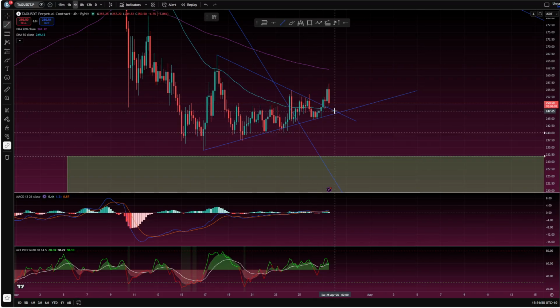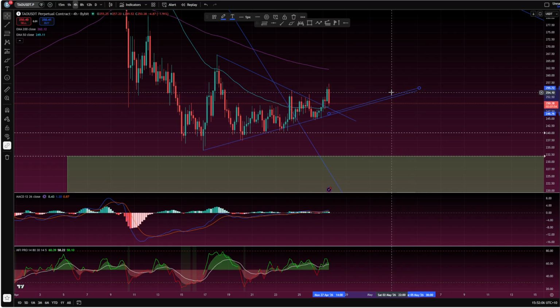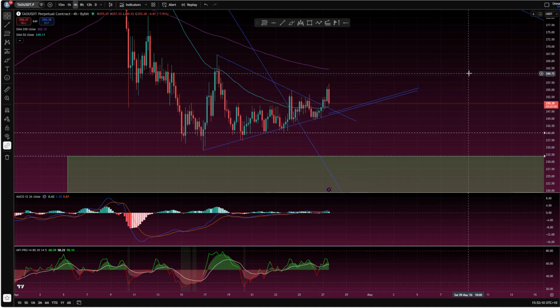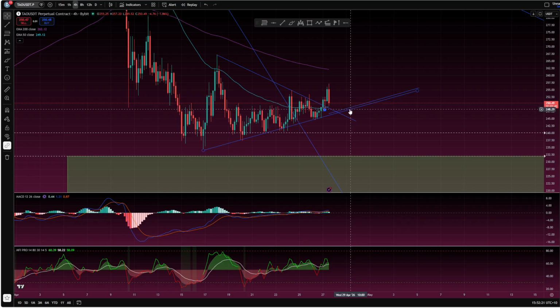So what I'll do here, I'll actually put another line, which you might have seen me delete some of these before. I'll put another line just above that trend line, and I'll set an alert there. Now, if it does come back to retest this trend line, I'll get a notification on my phone, and I can keep an eye on it to see how it reacts to that line.